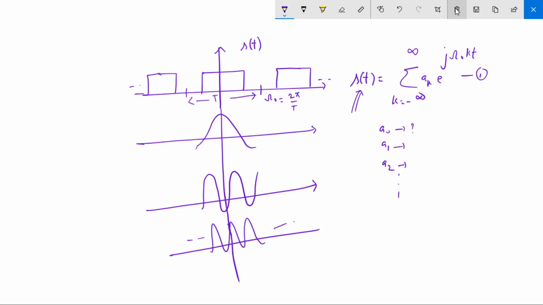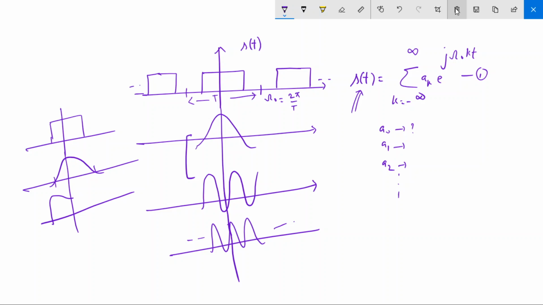How that is done: when you have just the first harmonic, maybe you get a wave like this. When you add the first two harmonics, a0 and a1, you will get a wave like this. If you add more harmonics, you get a smoother and smoother square wave. If you add 100 harmonics together, you may get exactly a square wave like this.